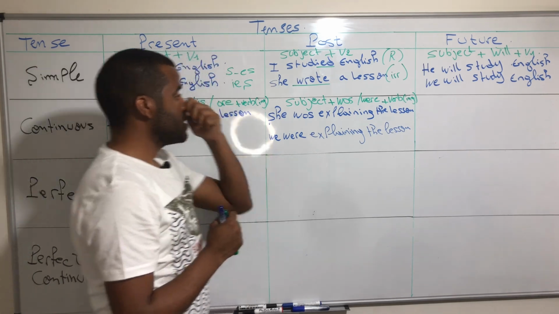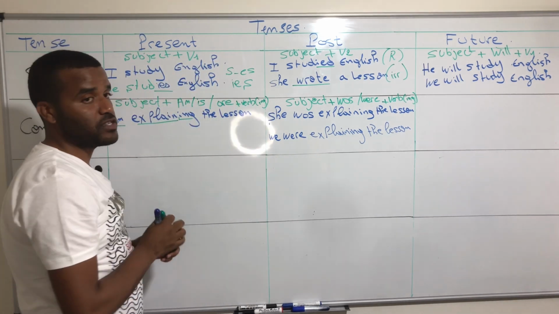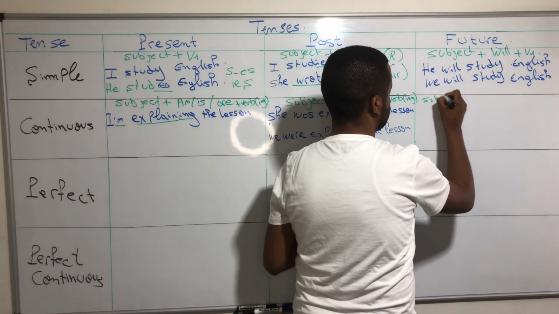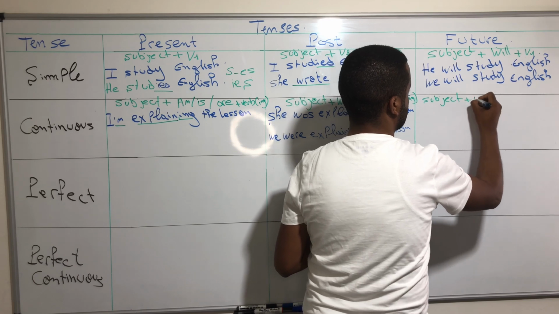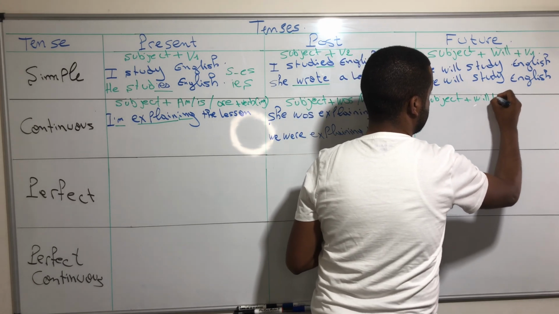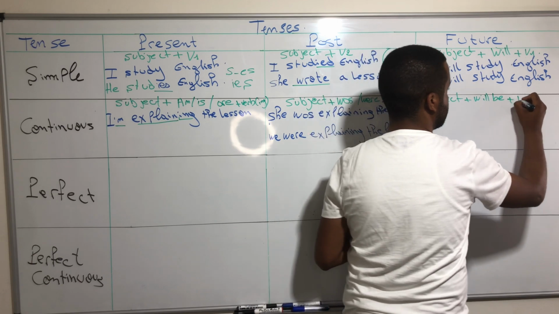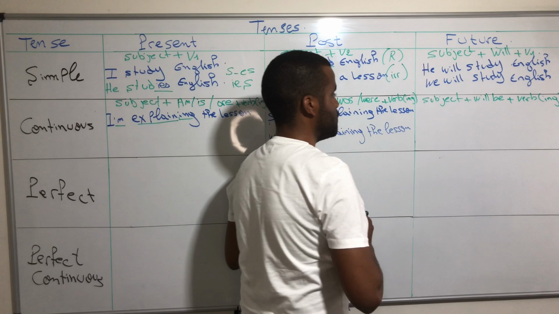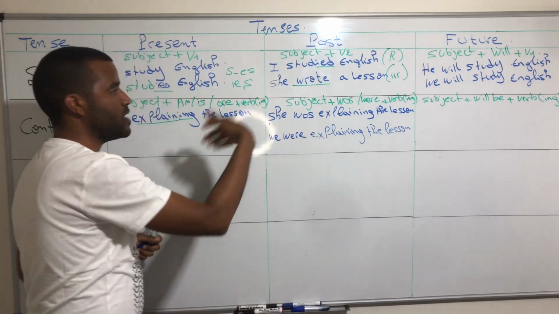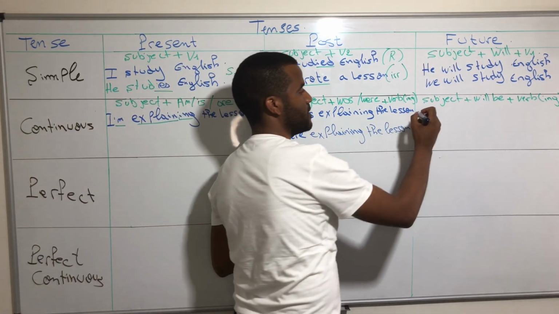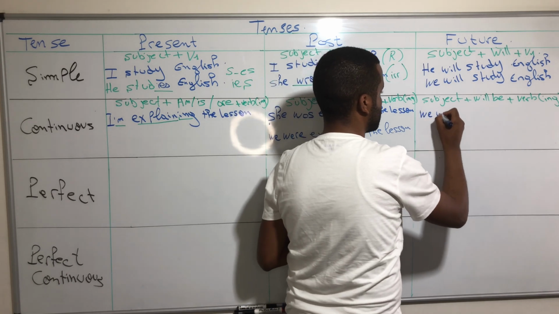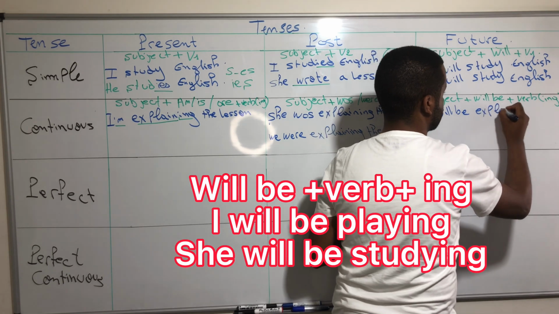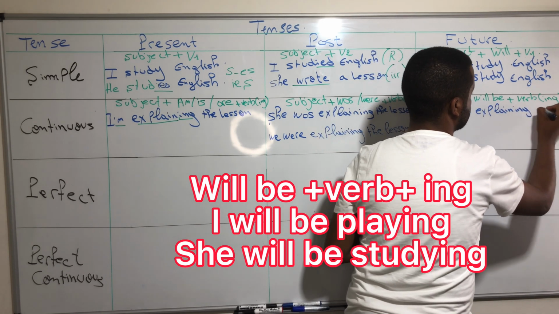Okay, good. So we move to the future continuous. In future continuous, the rule, you need the subject plus will be plus verb in ing form. For example, we can say, so we will be explaining the lesson.